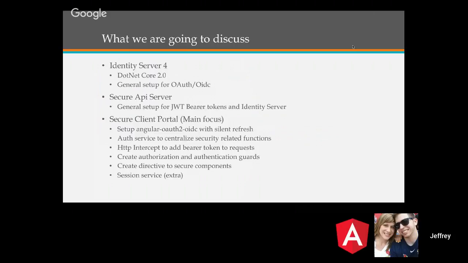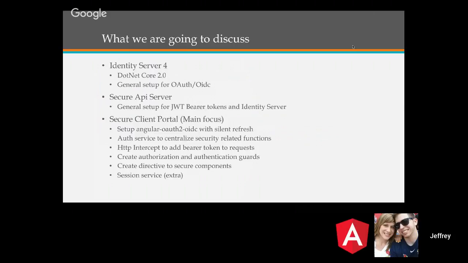We're going to go over a secure API server, the general setup for it against the identity server, and using JWT tokens to be the identity and the authentication. And then we have a secure client portal that's going to be using a third-party NPM package.